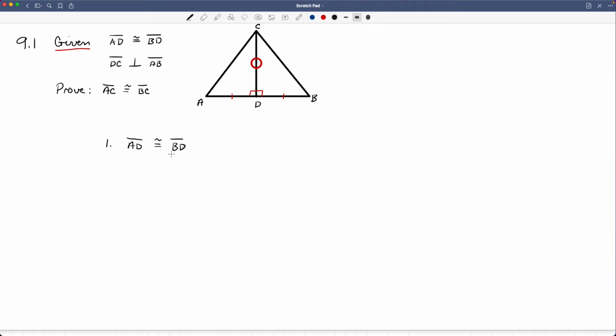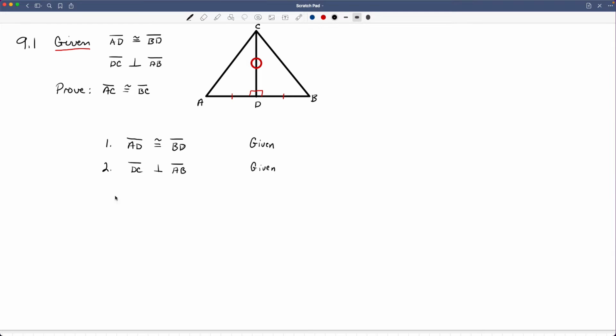And you always put both of them here, but you'd put them individually. So the first reason is that it's given. The second thing we know is that DC is perpendicular to AB. And we are told that also. We are given that information.